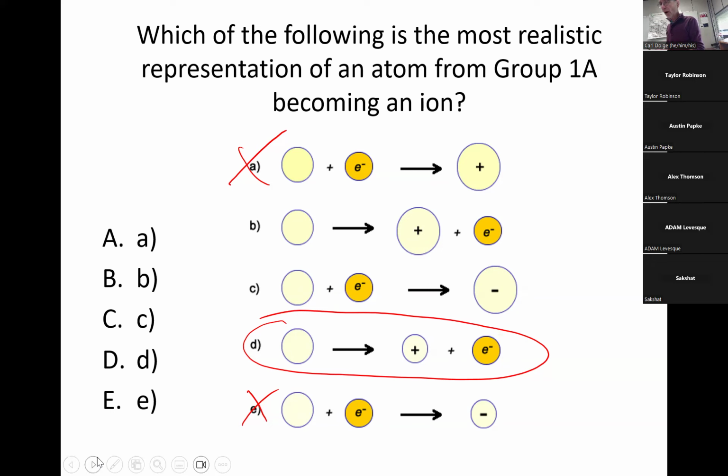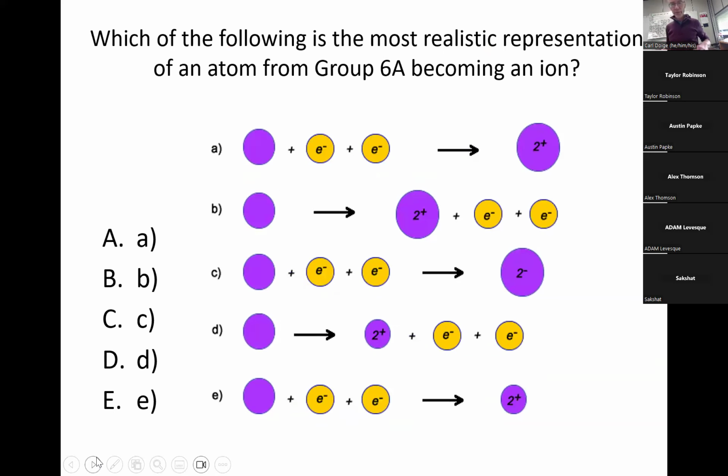Well, what about the converse then, which is on the flip side? So this is on page 140. Which would best represent group 6A? So it's these guys. So what happens to them when they become ions? And this is representative of an atom becoming an anion.